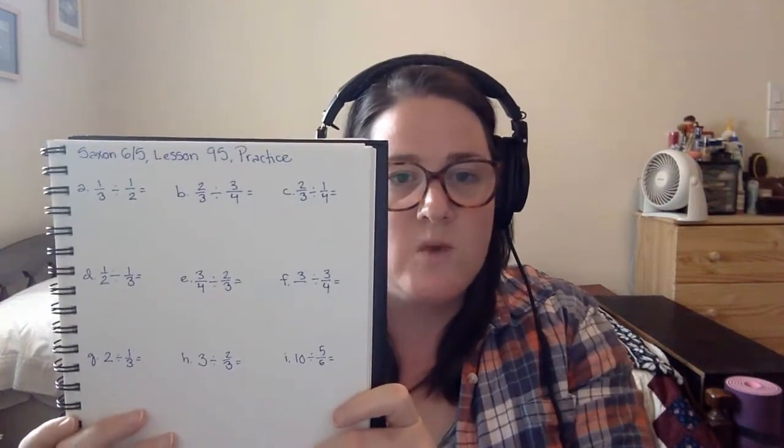So we're going to practice. On page 501, we have our practice, and we're going to start dividing some fractions using our reciprocals. So our first problem is 1/3 divided by 1/2. I leave 1/3 the same, 1/3. I change division to multiplication, and I use the reciprocal of my second fraction.